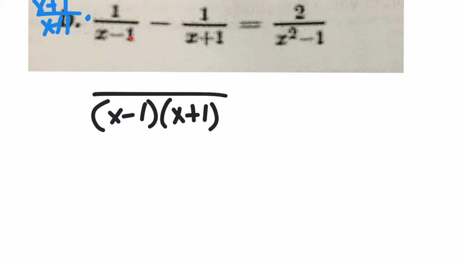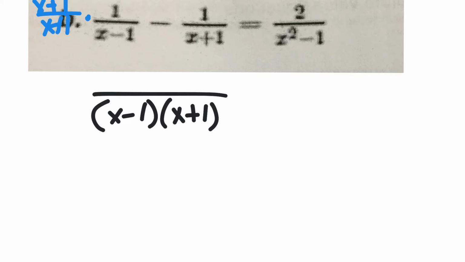I'm multiplying the denominator here by x plus 1 to make it match our common denominator. But by multiplying by x plus 1 over x plus 1, I'm really only multiplying by 1. So that's not changing the number. I'm keeping it the exact same number because when we multiply by 1, it does nothing to the number. I'm just changing the form that it looks like.